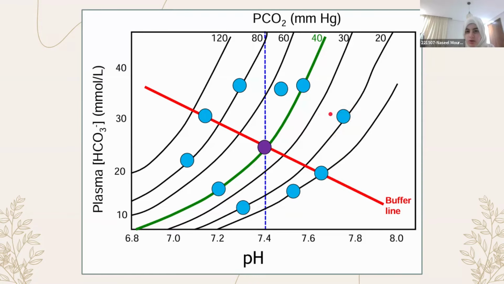So, a tip to start off is think of it if it's acidosis or alkalosis. Now, it's clear that this is alkalosis because its pH is high. Now, is it respiratory or is it metabolic? It is both. Excellent. Okay. Now, another quick tip is that if the dot is on the buffer line, this means that it is not being compensated. It is a respiratory change without compensation.